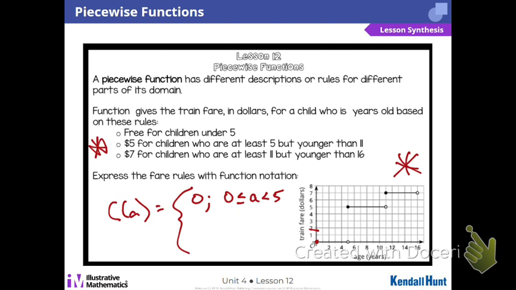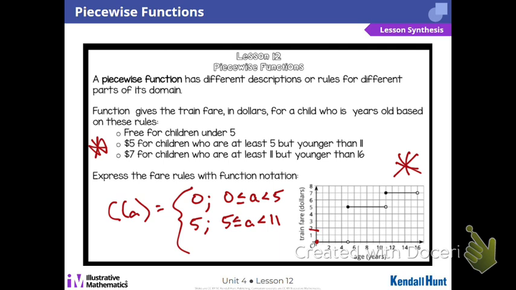What's the next output? $5. And it costs $5 for what ages? Does 5 work? Yeah, 5 works. And does 11 work? 11 doesn't work, so just less than. So what this says is it's $5 for everybody that's 5 up to 11.